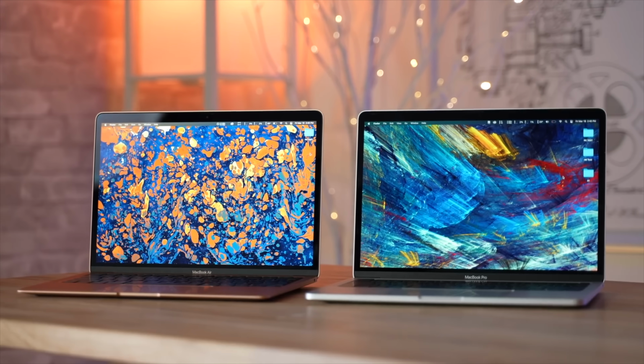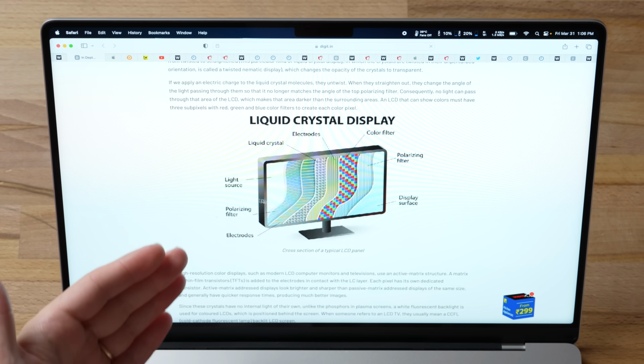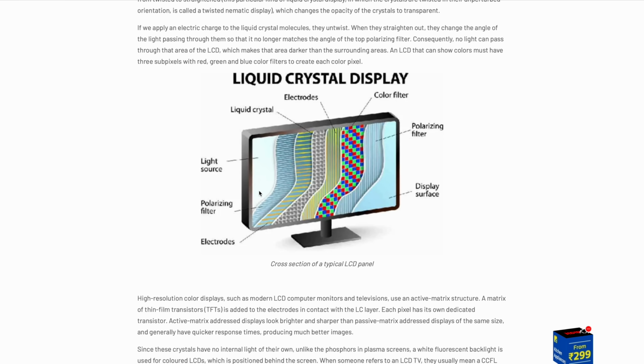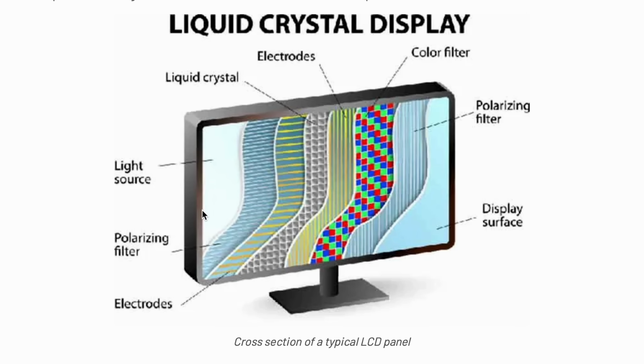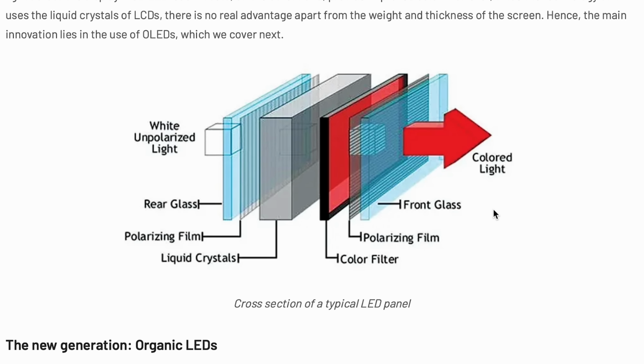With a typical LCD display, which means liquid crystal, you have an entire backlight as the light source that goes through layers like the polarizing filters and the color filters, and then that comes out as colored light.